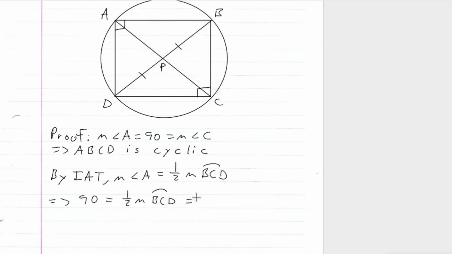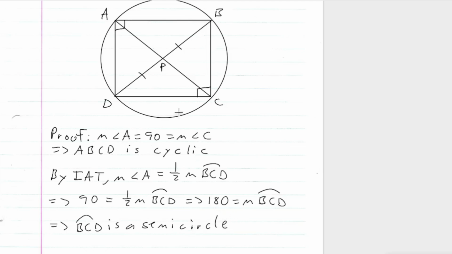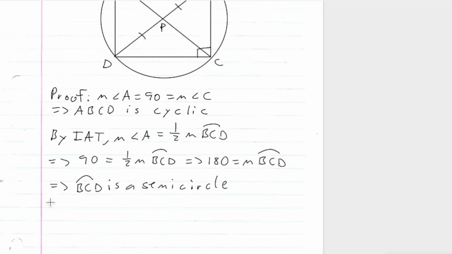If we multiply both sides of this equation by 2, we get 180 is equal to the measure of arc BCD. And then, of course, this implies that arc BCD is a semicircle. And if BCD is a semicircle, that means BD must be a diameter.